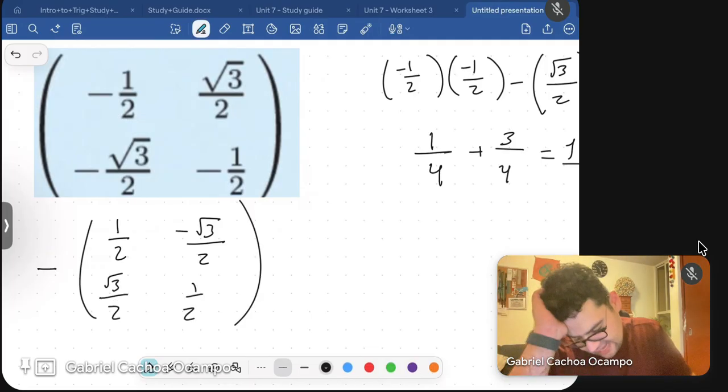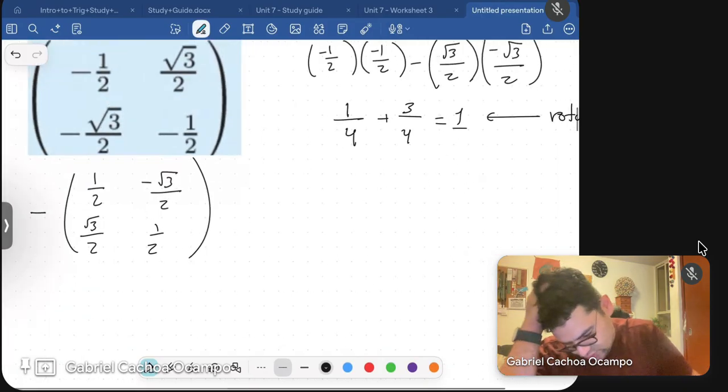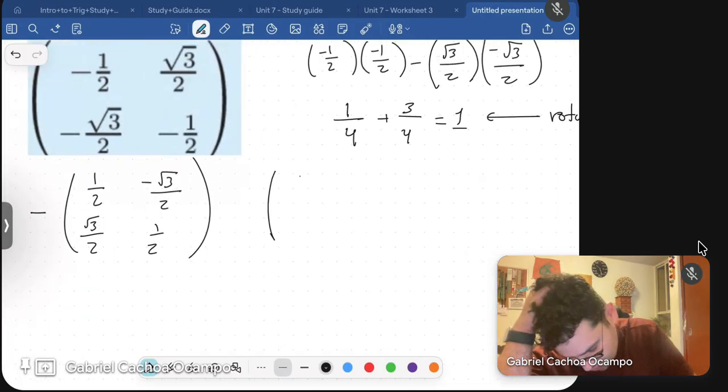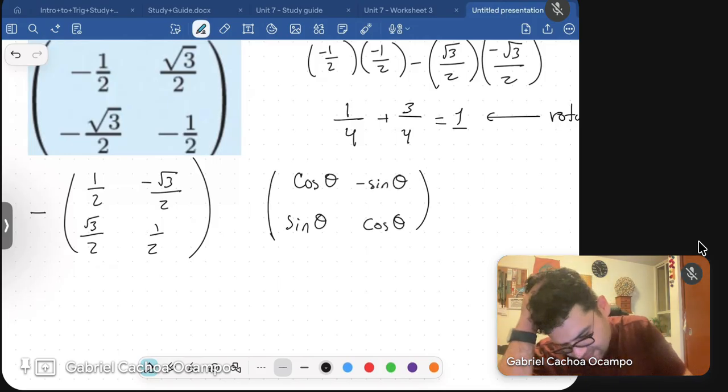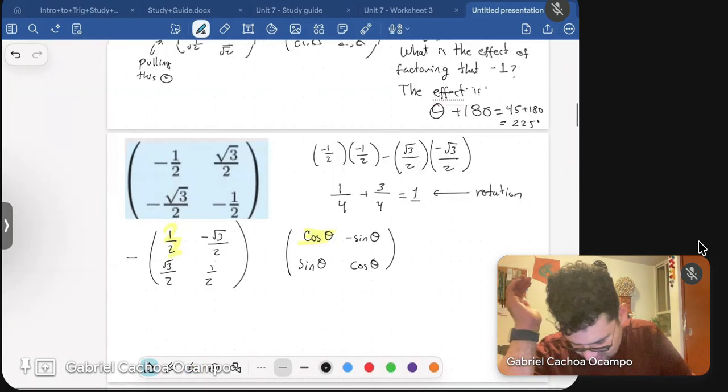I do the correspondence with the matrix cosine of theta, negative sine of theta, sine of theta, cosine of theta.